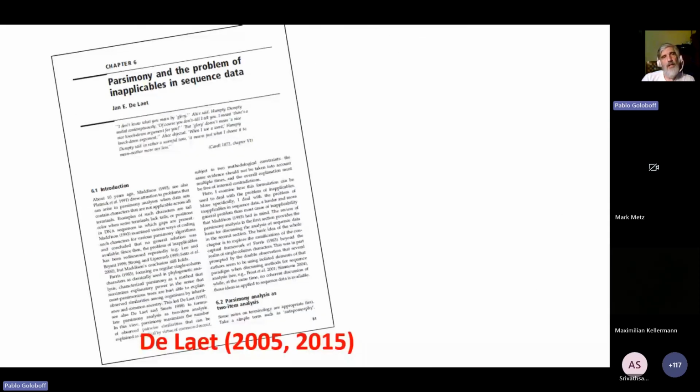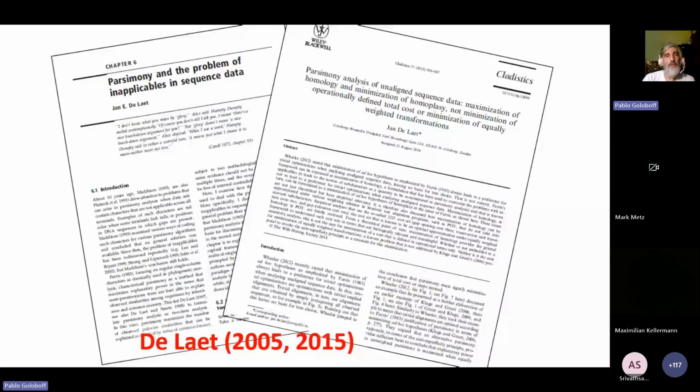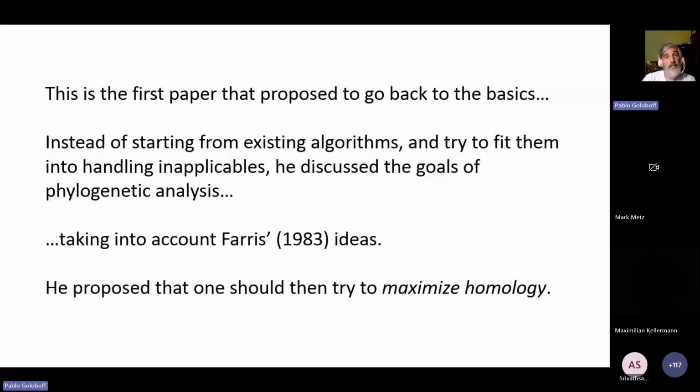Then the problem was, at least in theory, solved finally by a paper by Ian Delaet in 2005, and he also published another important paper in 2015. And he reanalyzed the problem of inapplicable characters. It is the first paper that proposed to go back to the basics rather than starting from existing algorithms for phylogenetic analysis and trying to fit those algorithms into handling inapplicables.